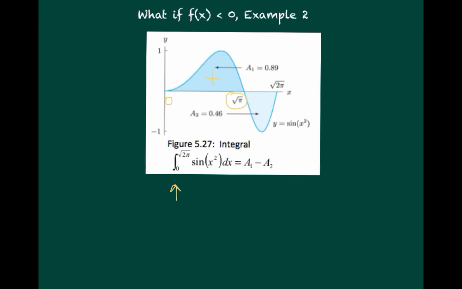Then from root pi until root 2 pi, the area would be negatively signed. Now, if we called the area above the axis, from 0 to root pi, A sub 1, and the area below the axis, from root pi to root 2 pi, A sub 2, the correct value of this integral would be A1 minus A2, because A sub 2 is negatively signed.